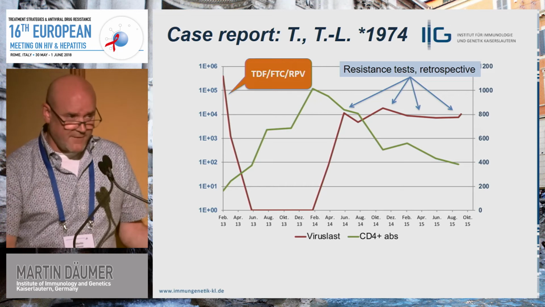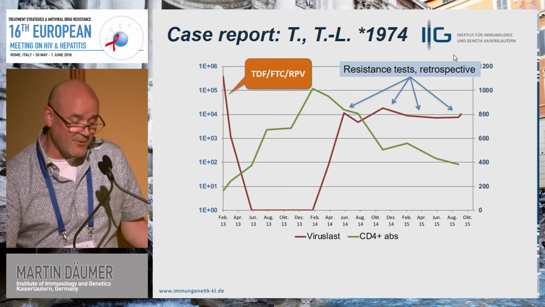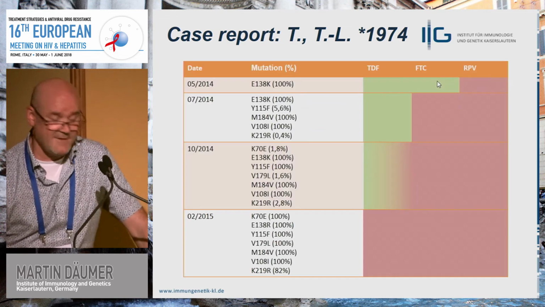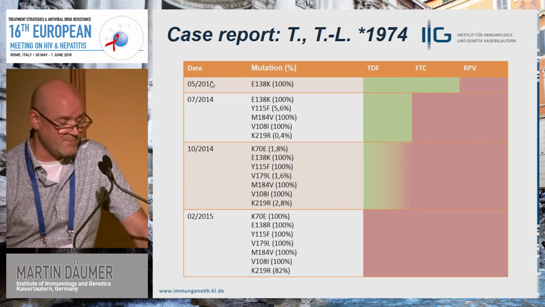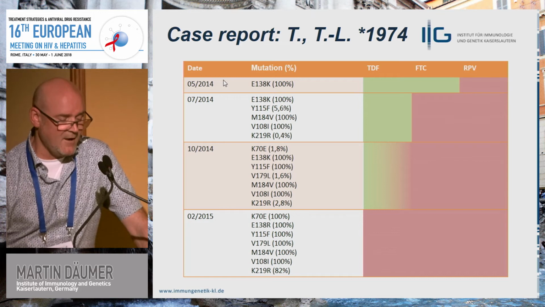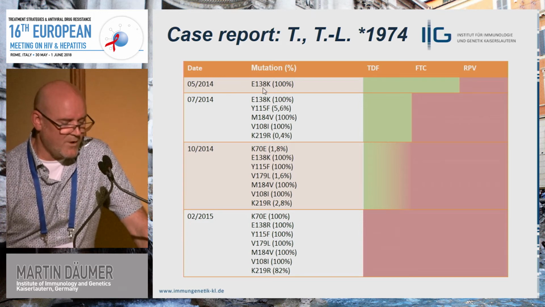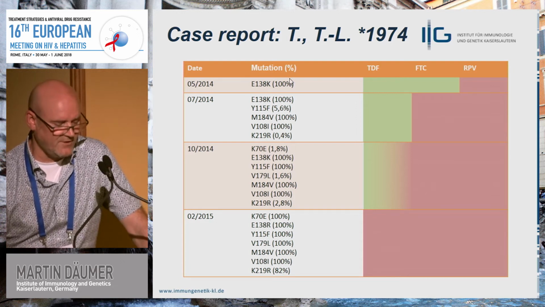and there was an ongoing replication, and we did not know why the clinician did not change the treatment, but it was for us the opportunity to do retrospective resistance tests, and this is what we have done. So this was the first date of a failure with about 10,000 copies per ml, and we just saw the K138 mutation at 100%.